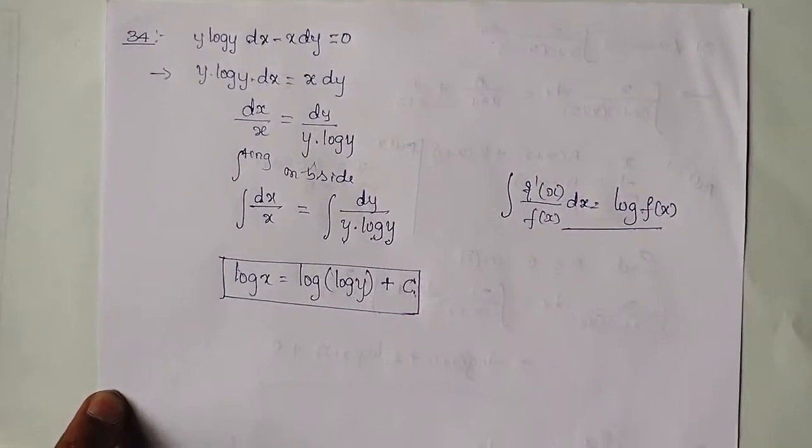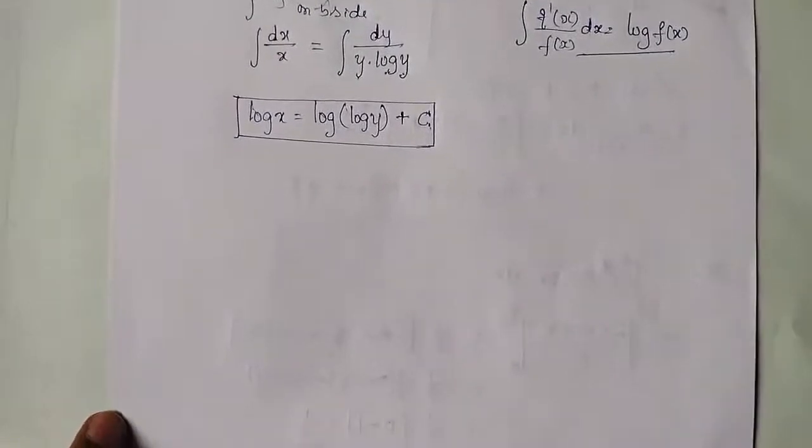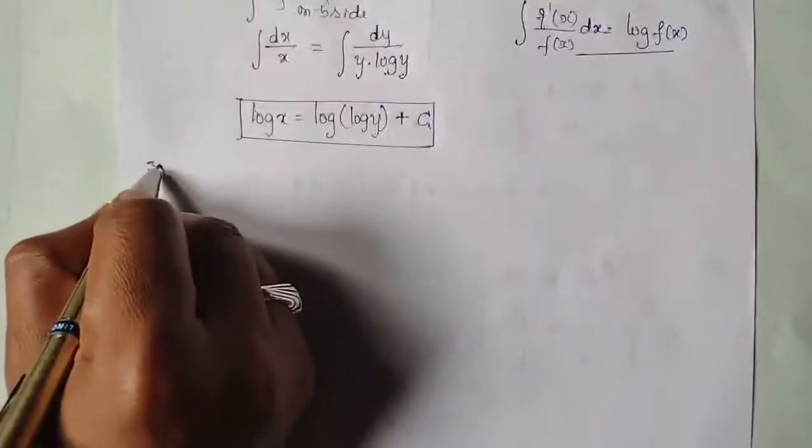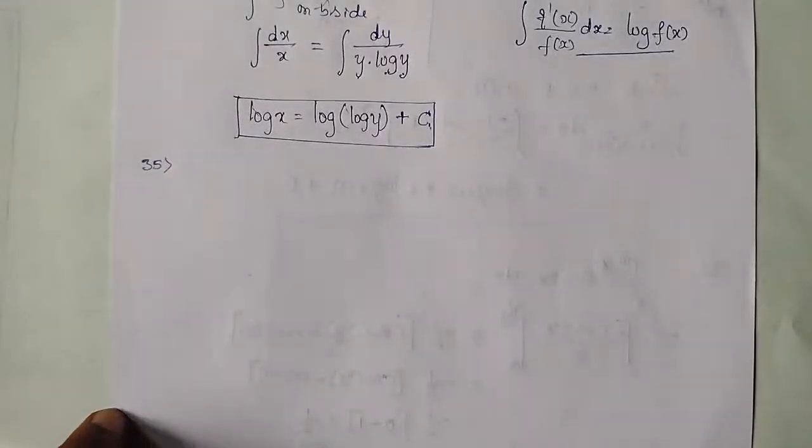Next, question number 35. Show that the position vector of the point P which divides the line joining the points A and B, having position vectors a vector and b vector, internally in the ratio m is to n is (m b vector plus n a vector) divided by m plus n.